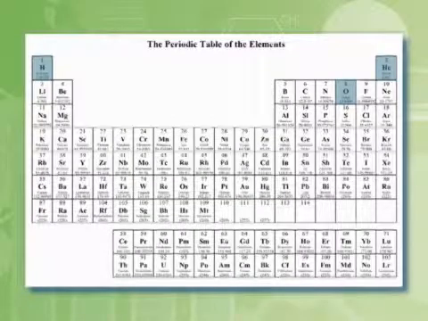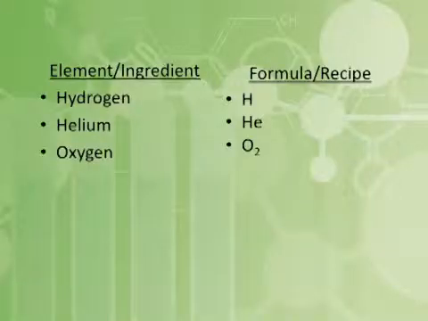So go ahead and go to the chart, have them see if they can find oxygen, and highlight that in. And then if I go back to my chart here, for oxygen, I have just one of my recipes. I have O2, so 2 oxygen atoms that come together to form an O2 molecule. That's what we breathe. So that's very helpful.